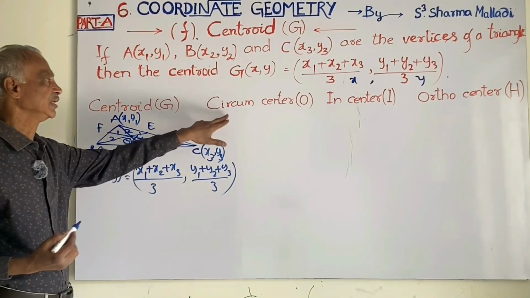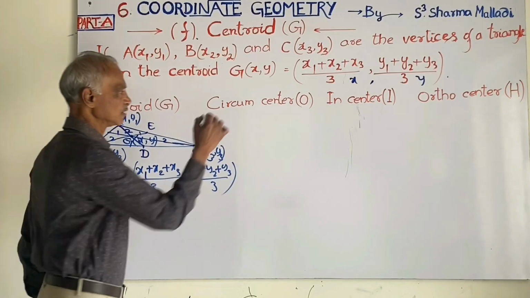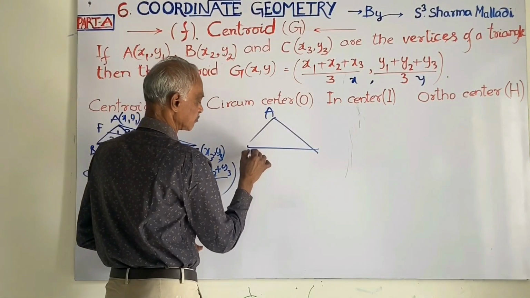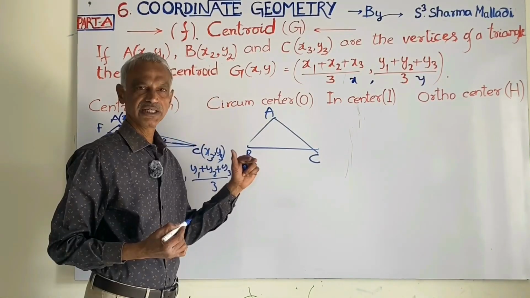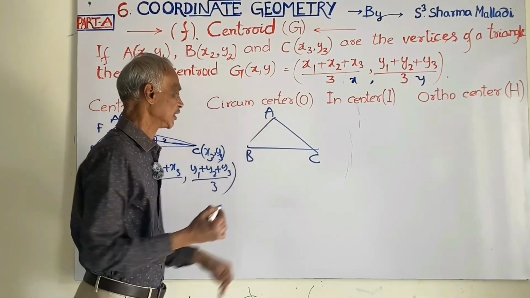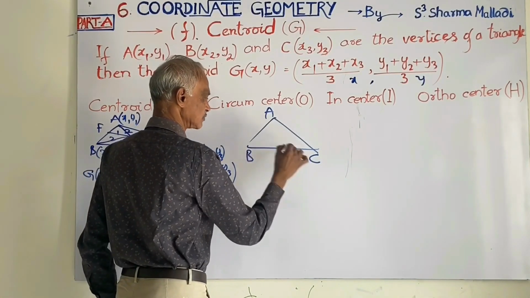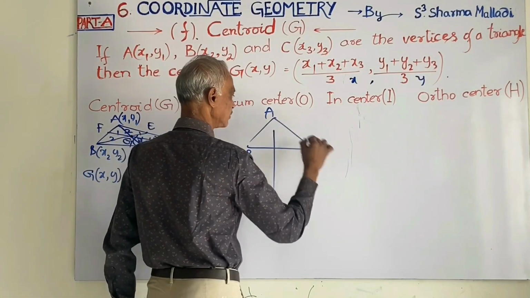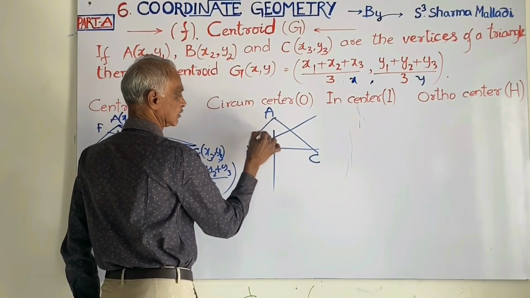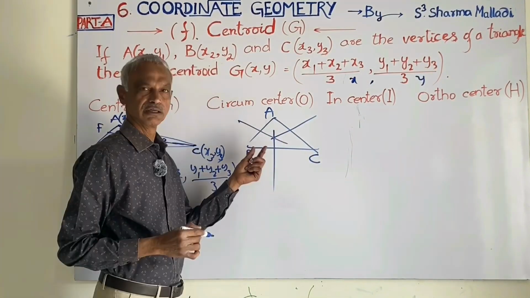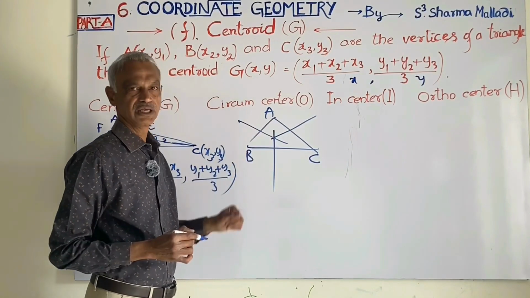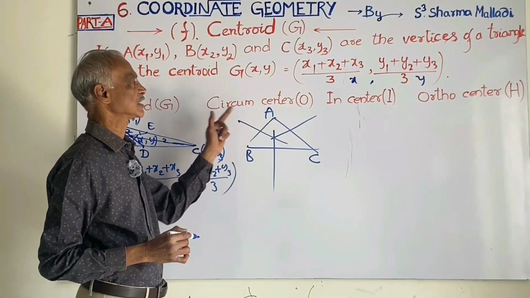Now I will tell you what is circumcenter. In triangle A, B, C, it is the intersecting point of the perpendicular bisectors of the sides of a triangle. What is the bisector of BC? And what is the bisector of AC? It will be like this. The intersecting point of side bisectors of a triangle is called circumcenter.